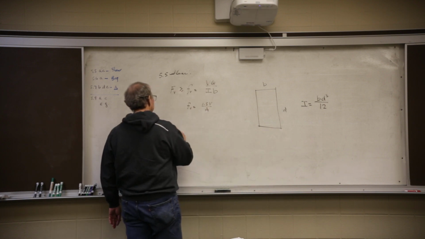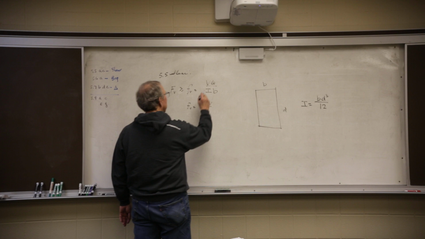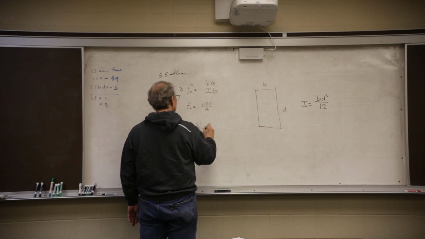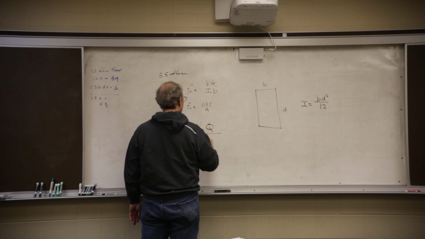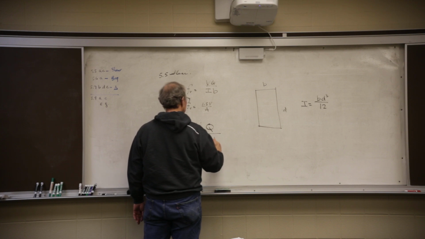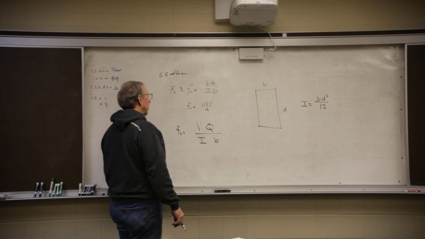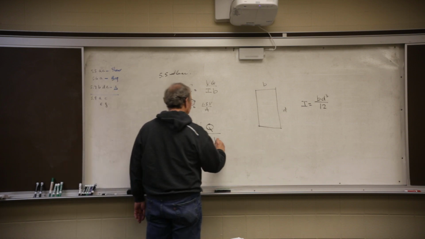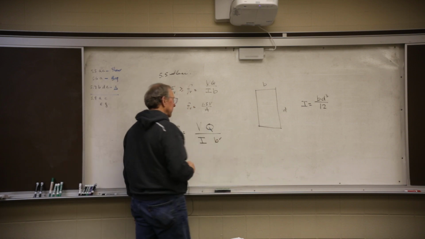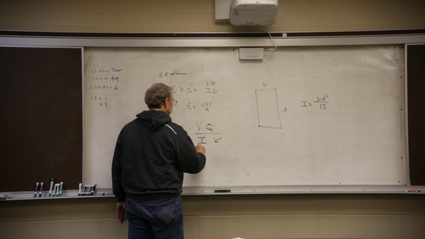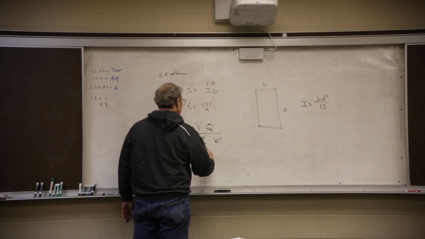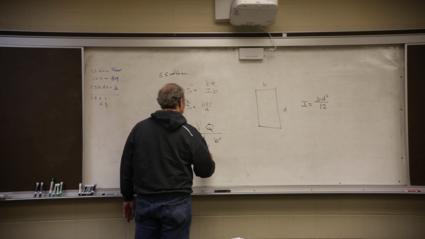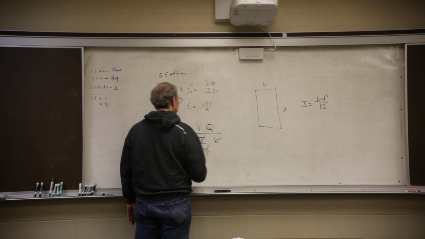I'm going to put FV equals VQ over IB. Okay, what are these guys? B is the width. That's good, I'm going to leave that letter right there. I is BD cubed over 12.